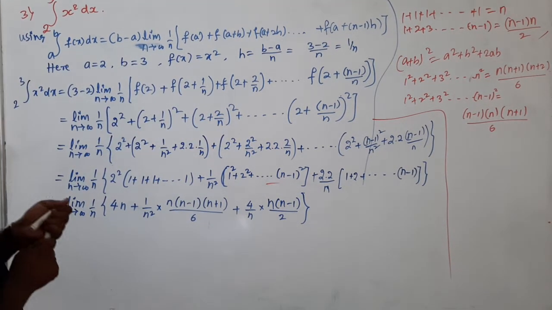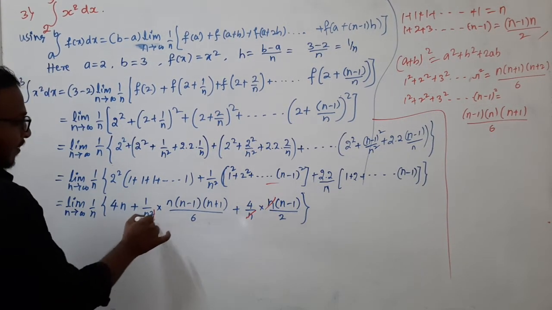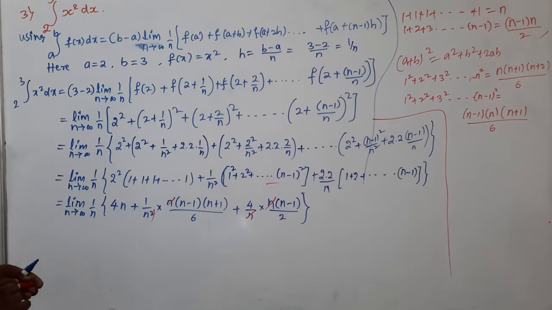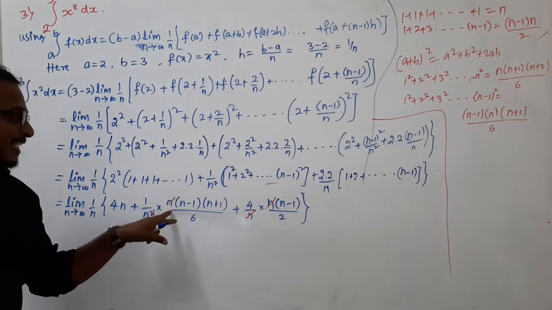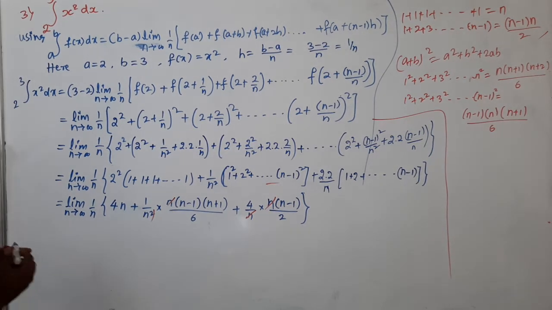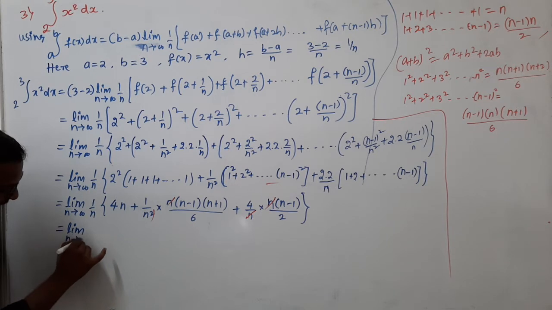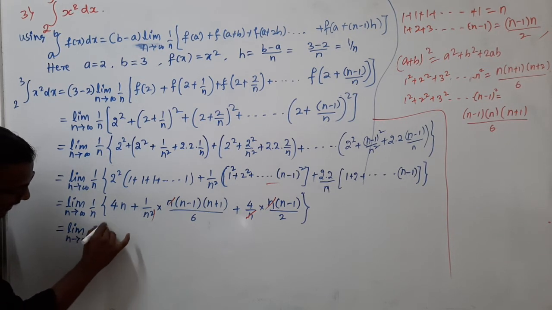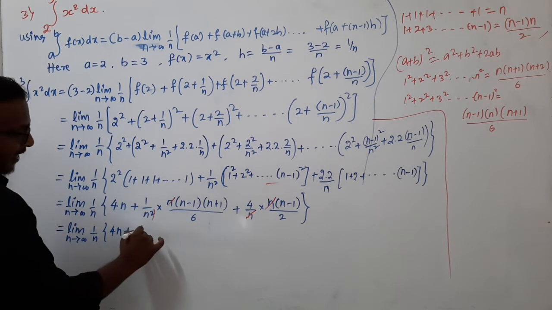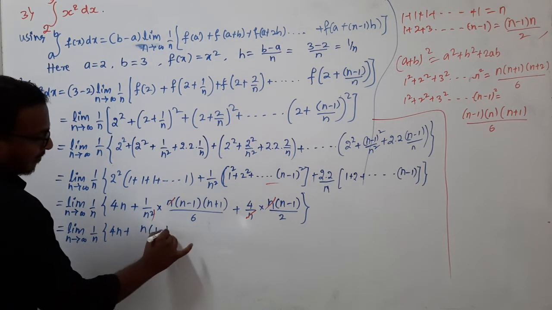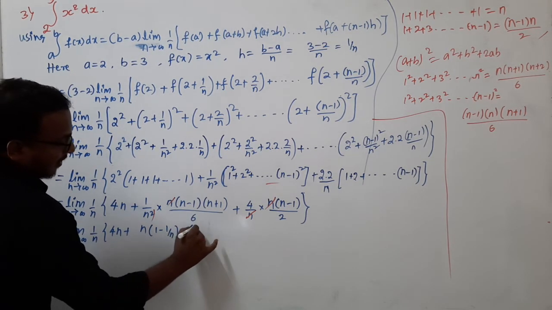Now observe here, cancellation will start here. This and this get cancelled. Here 1 n cancels. I am taking n as a common in each term. It will become limit n tends to infinity 1 by n, 4n plus, in this one I am taking n as a common, the remaining value is 1 minus 1 by n, and also in this one taking n as a common.